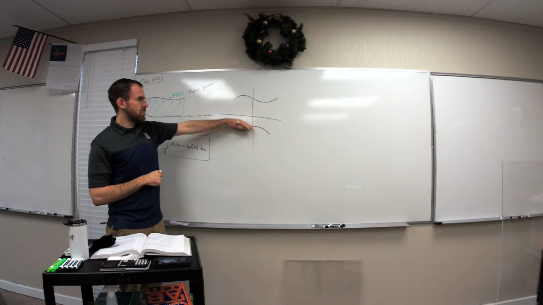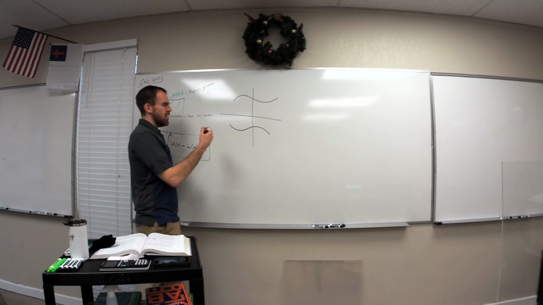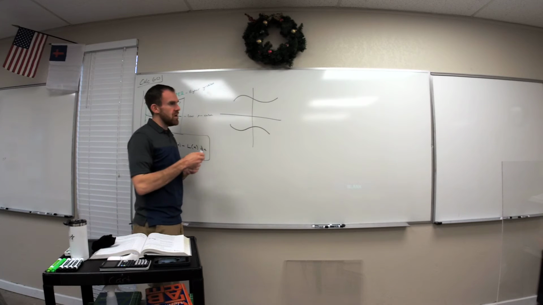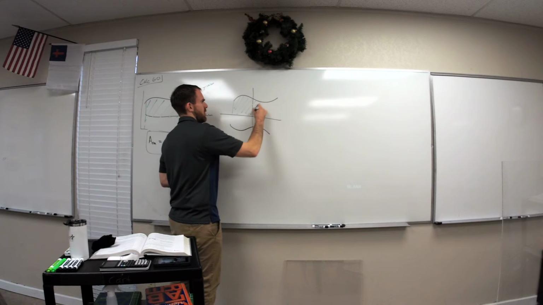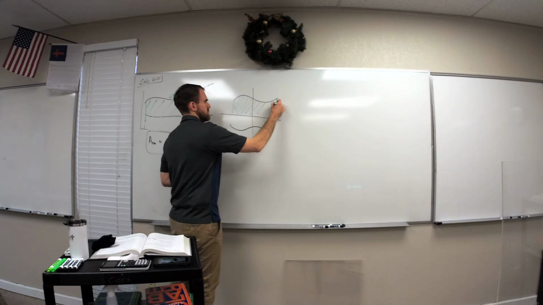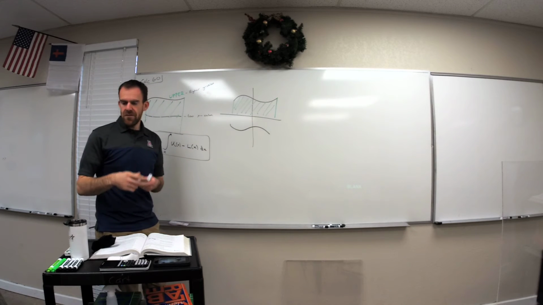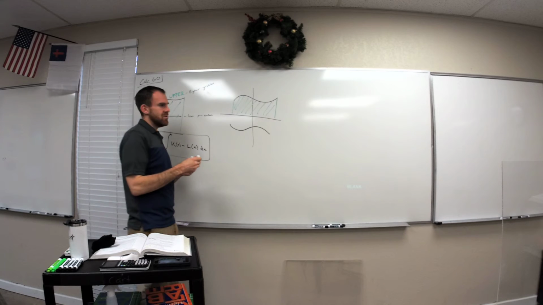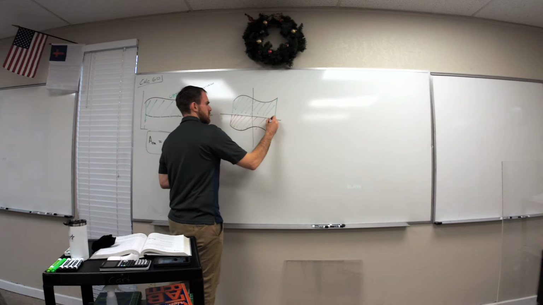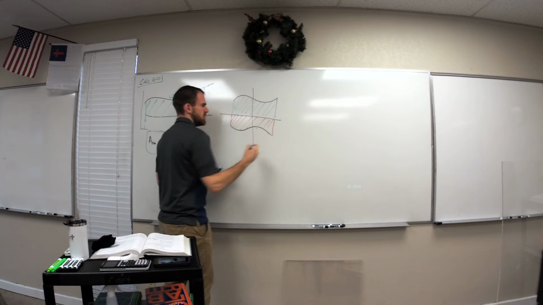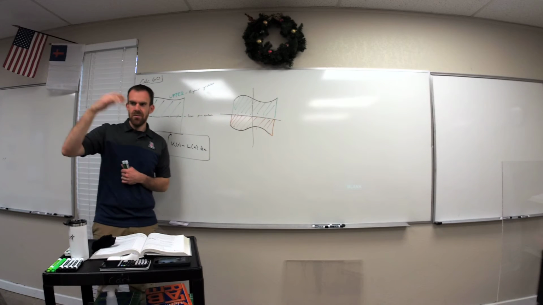It's still upper minus lower. Why? Because the upper area is going to give you this part. And then if you subtract the lower, it's going to add this area. So don't get confused. It's just upper minus lower.